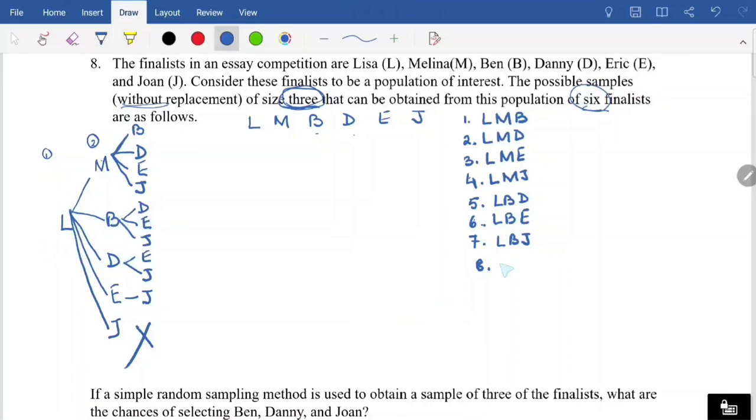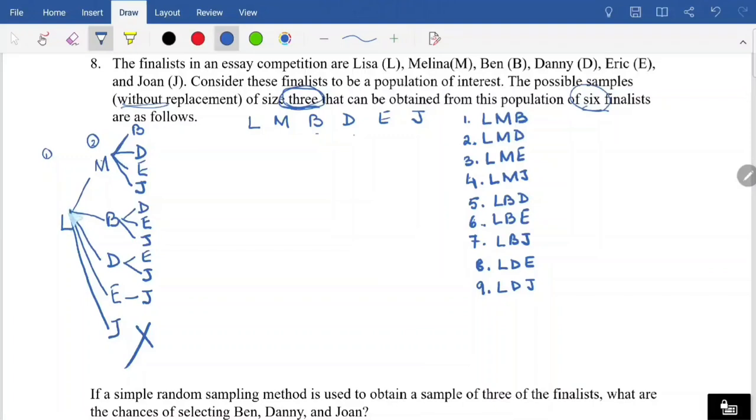Then we have LDJ. No, we missed LDE. Sorry. LD. So make sure you're walking every branch of the tree. LDE. Because if you miss one, then you will not get all possible samples. And then we have LDJ.